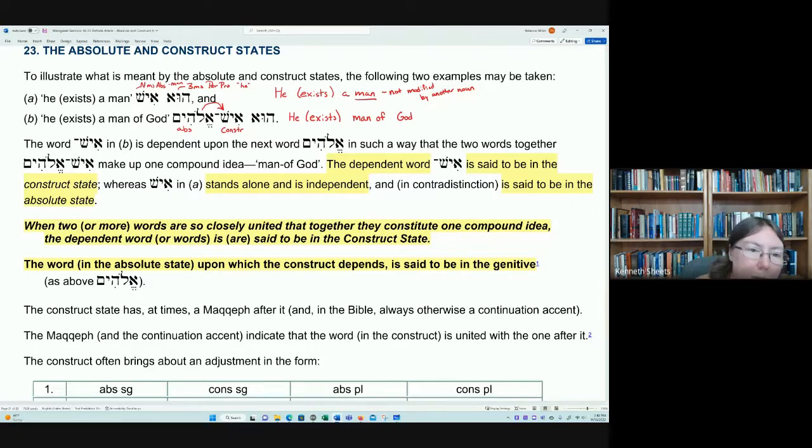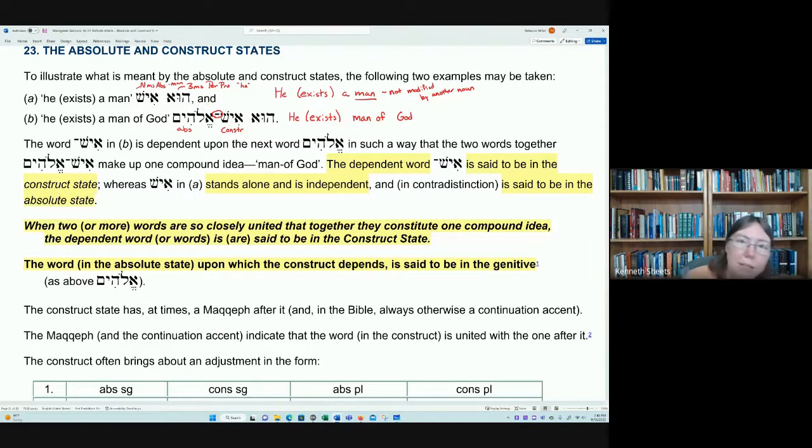Now, notice here there is a maqqef that is binding the construct and the absolute noun together. That maqqef may be there or it may not be there. But in this instance, it's there, indicating that this is, in fact, that construct absolute relationship between these two nouns. But all it does is it indicates that these two words are to be said together as a unit.